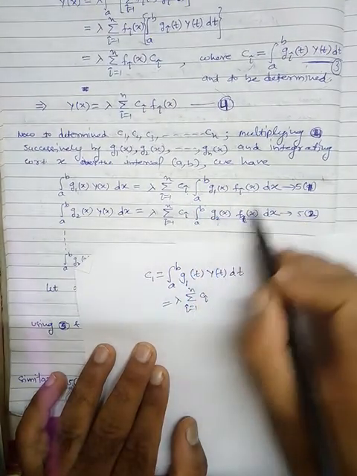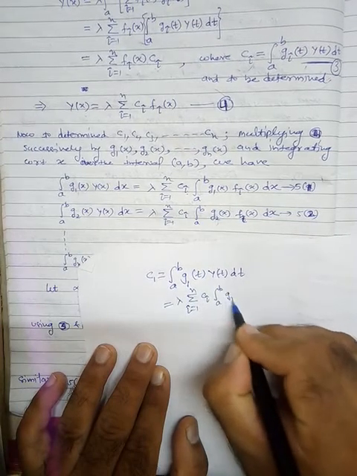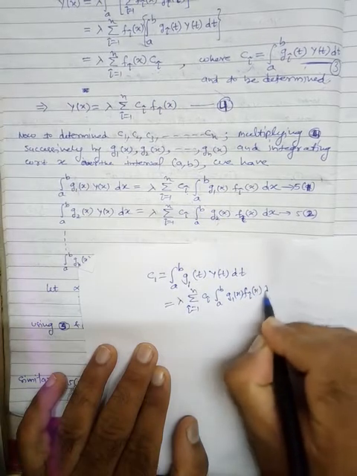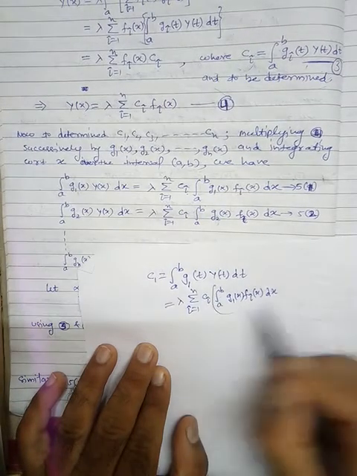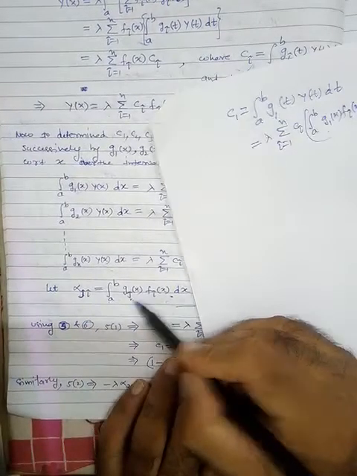this integral. What is this integral? The integral a to b of g_1(x) f_i(x) dx. But according to equation 6, j is here 1.